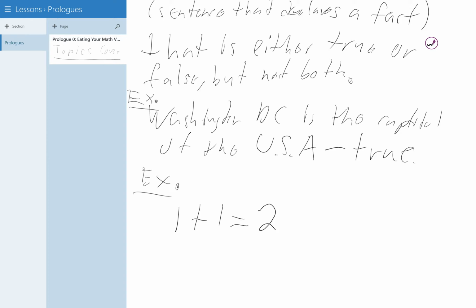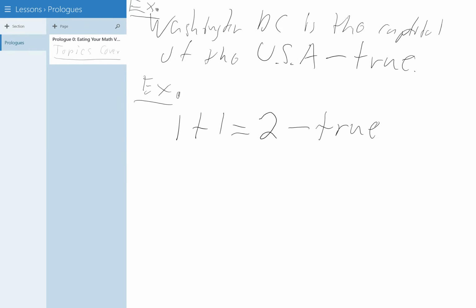Now, is this true or false? Well, in this case, it's true by the way we've defined addition on real numbers. We'll get into what it means to be a real number later. The statement is true because we have definitions for what this plus symbol means, what this 1 means, and what this 2 means, and based on those definitions, this statement is true.